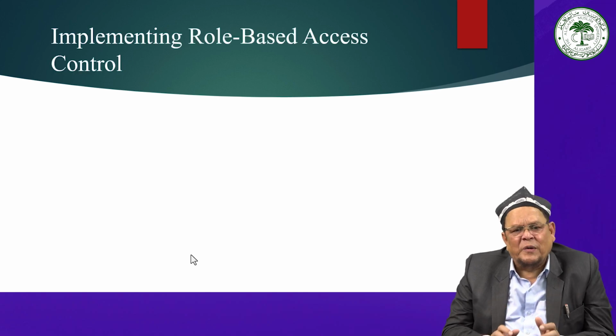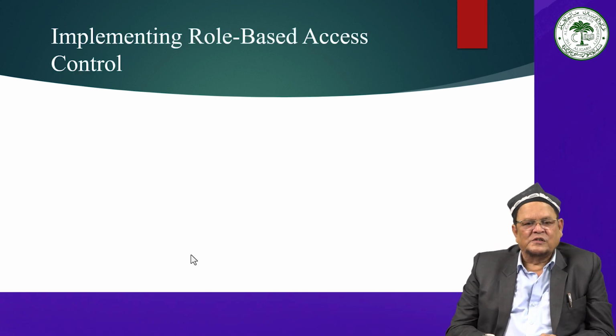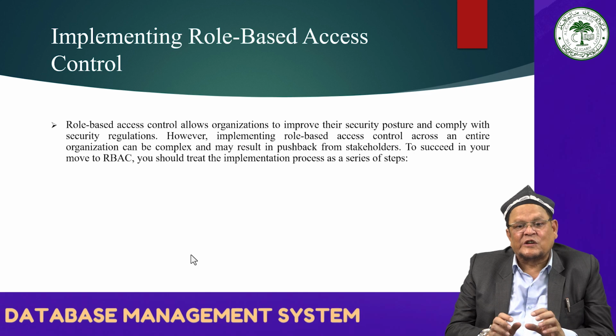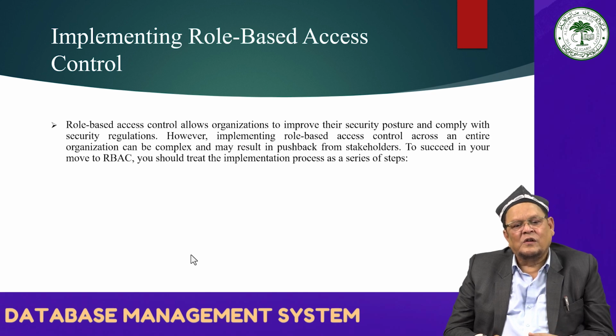Then how will you implement role-based access control? This is the main part. Role-based access control allows organizations to improve their security posture. In other words, it is a model for role-based security.